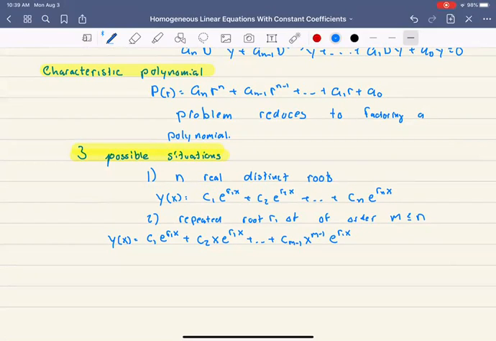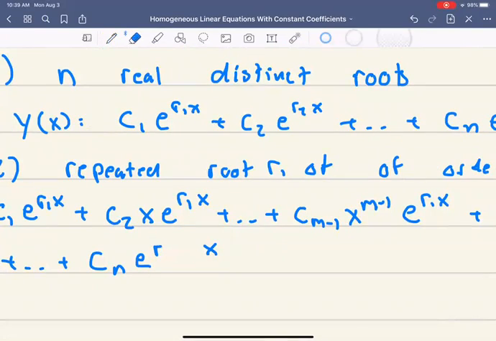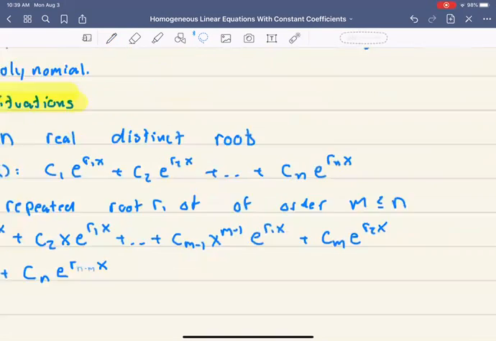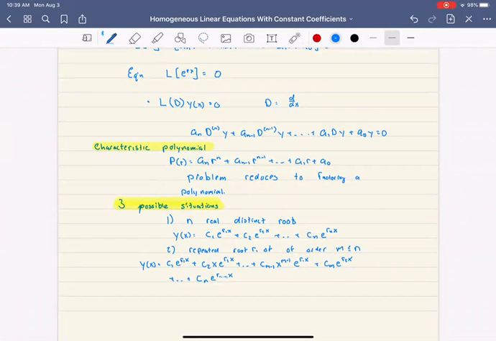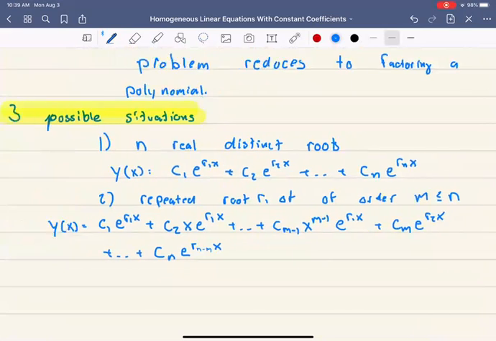Then you're going to have the other roots, e to the r2x, and so on, plus cn e to the r sub n minus m x.